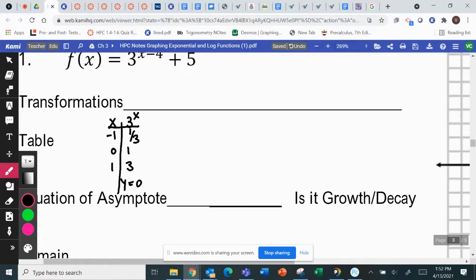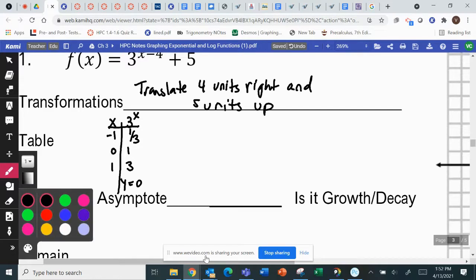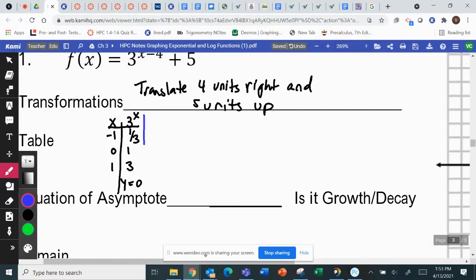Now I can find my transformations from that. We've got translate 4 units right and 5 units up. So in my table, I will add 4 to the x's, add 5 to the y's.